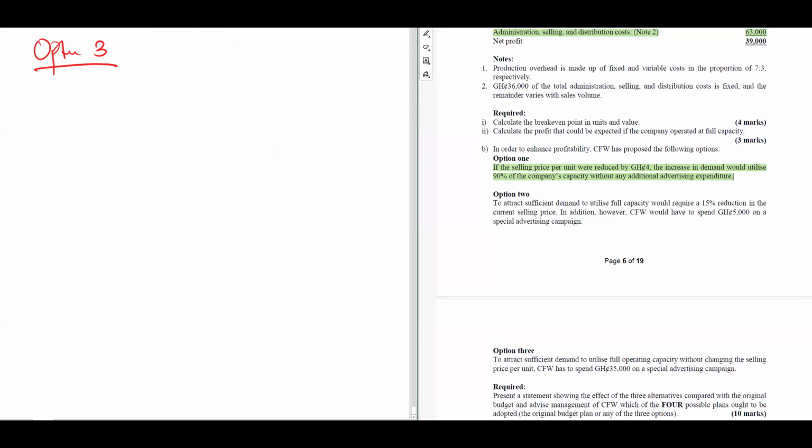What about option 3? They said to attract sufficient demand to utilize full capacity without changing the selling price, we have to spend an additional 35,000 on a special advertising campaign. So it is only the fixed costs that change. We already have 78,000, then we increase by 35,000 additional for the campaign. So 78,000 plus 35,000 means our new fixed cost is going to be 113,000.